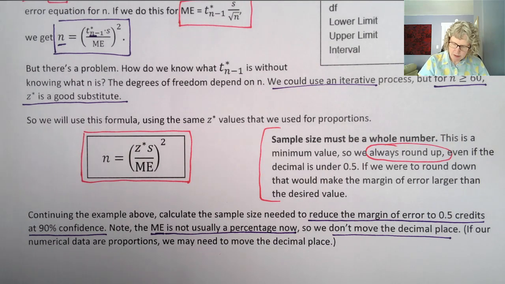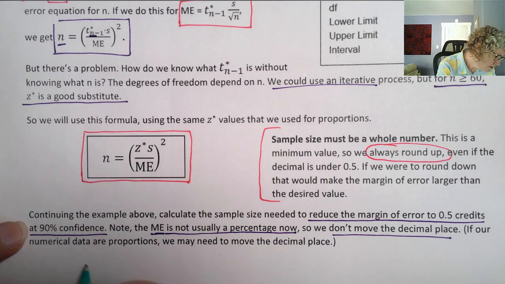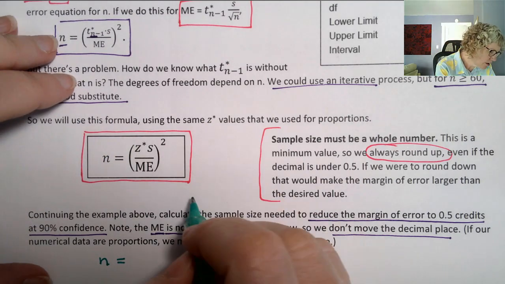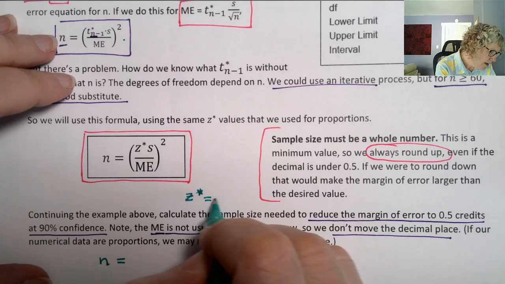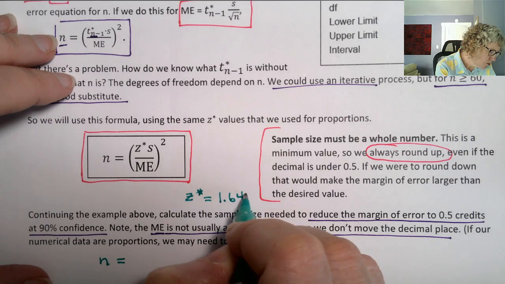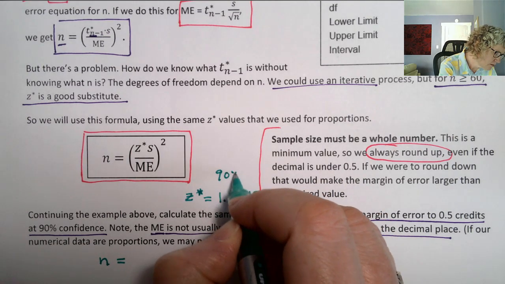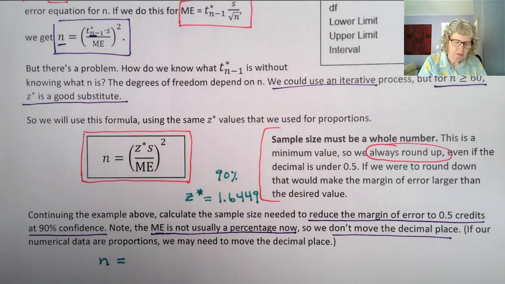So let's practice using this formula. N equals z star, and we have to remember that z star is 1.6449 for 90%. We've got that on our formula sheet.